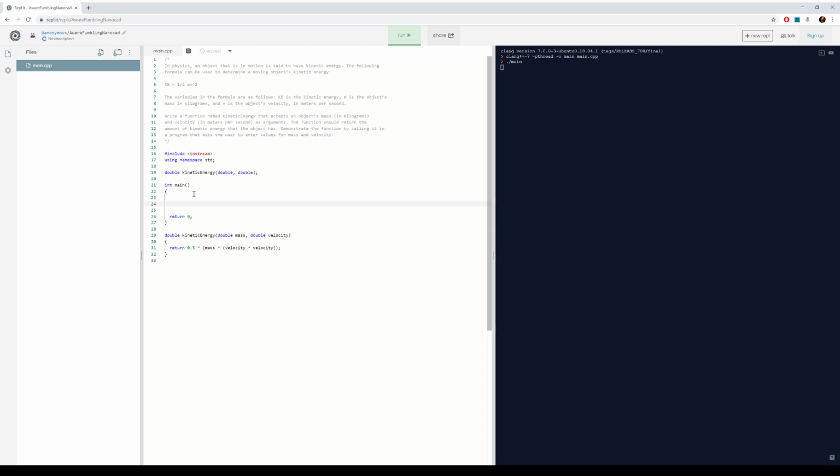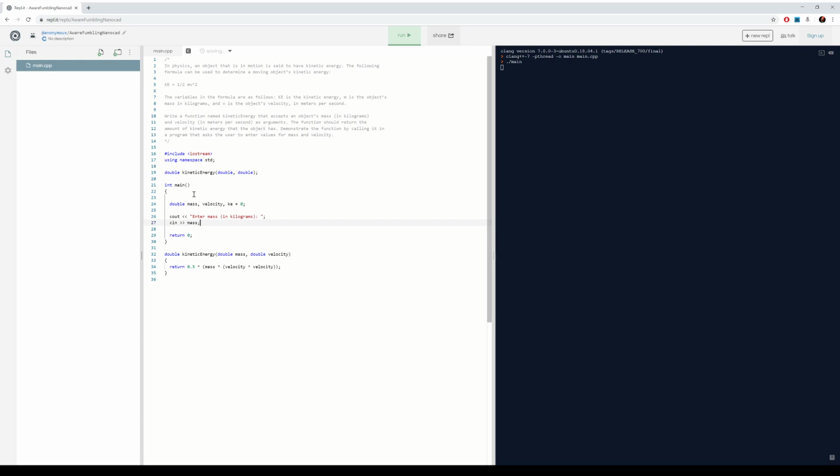We know we're going to have a couple inputs, so let's declare those now. Mass, velocity, and we also want ke for kinetic energy, and let's just default those to 0. Let's prompt the user. Enter mass in kilograms. Okay.